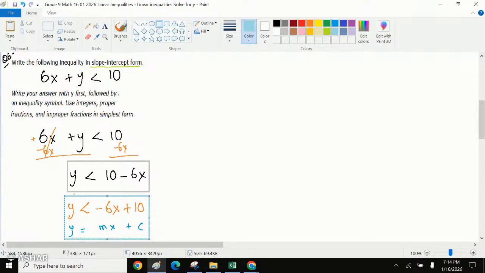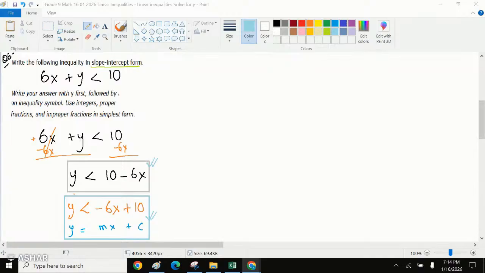But no one would say that this is incorrect. They both are correct, but this is the standard answer, okay? So we need to remember some standards also, because when we say it is a slope intercept, then we say y is equal to mx plus c. Y is equal to slope multiplied by the variable x plus the intercept.